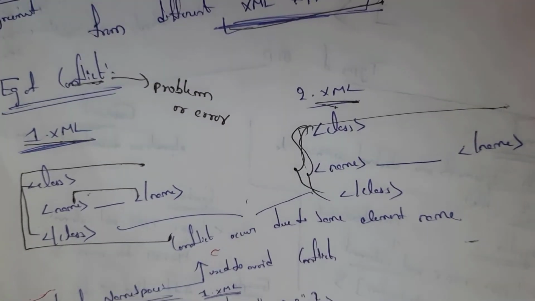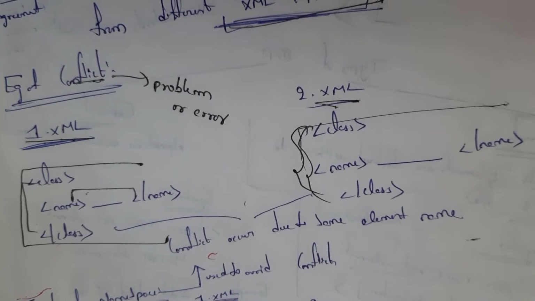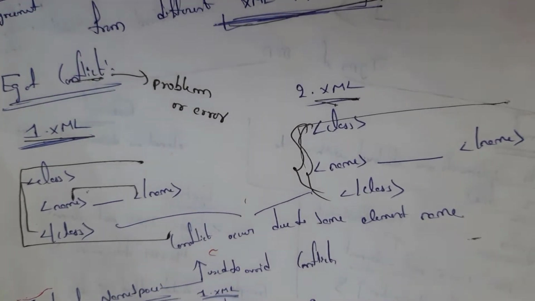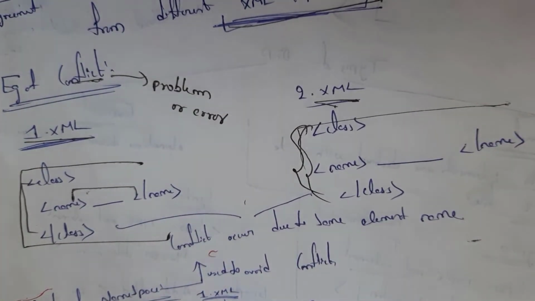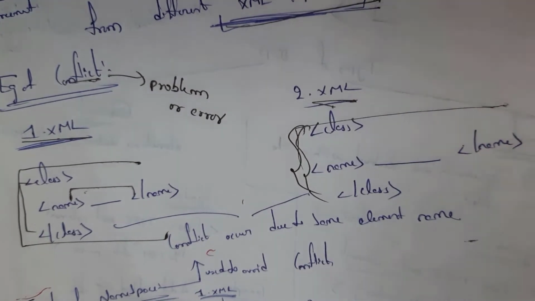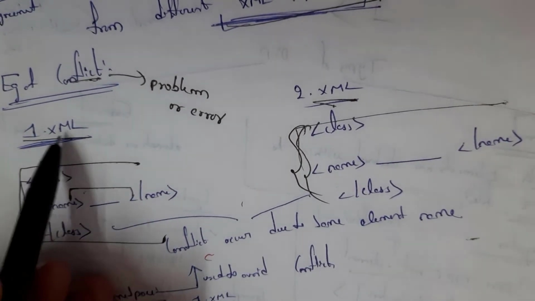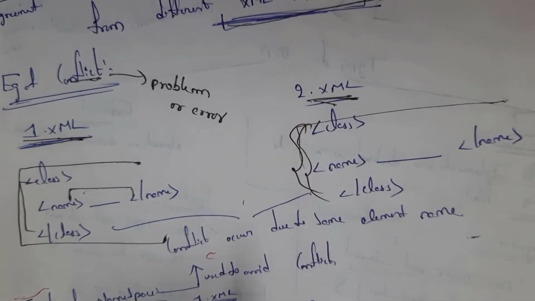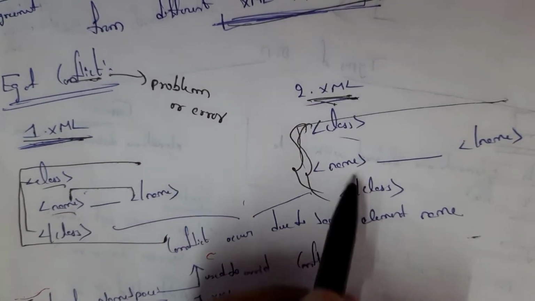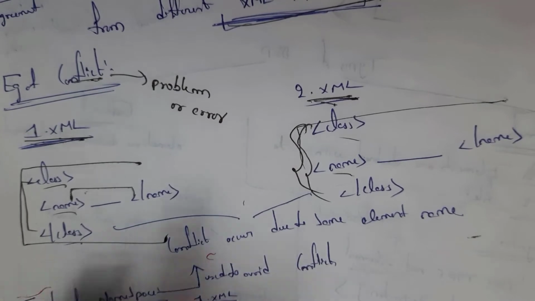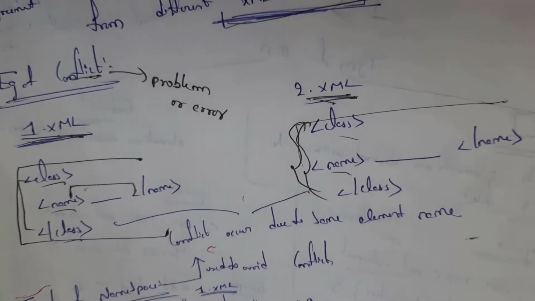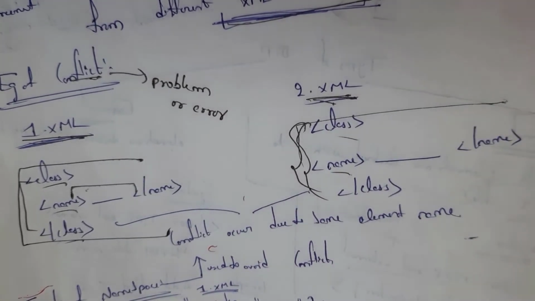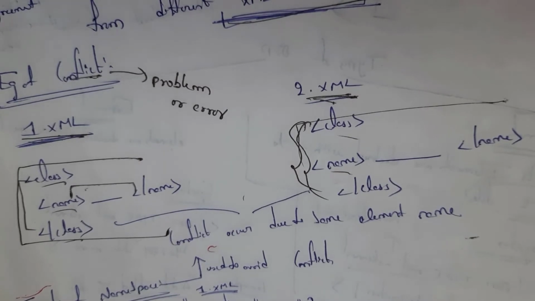So problems occur when the element name is the same. The element names in the XML1 document and in the XML2 document are the same: class, name, and similarly class. All these element names are the same. So conflict occurs.